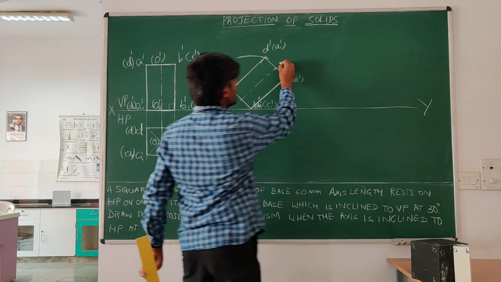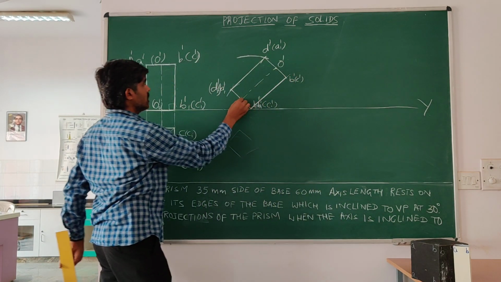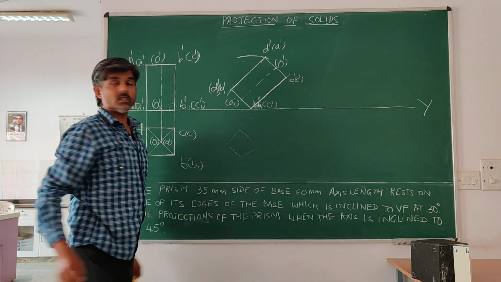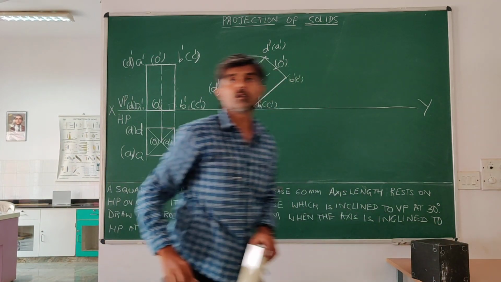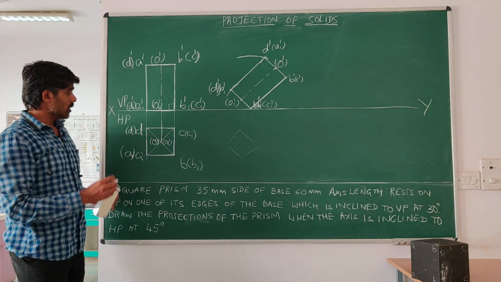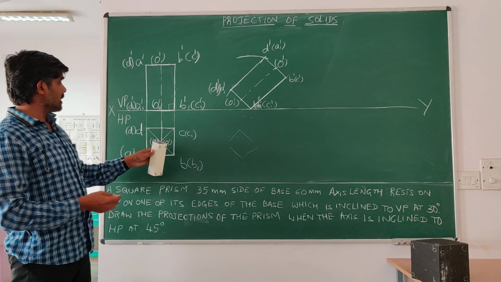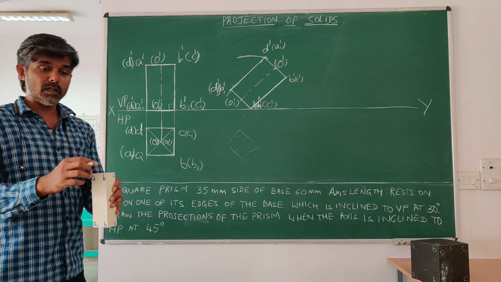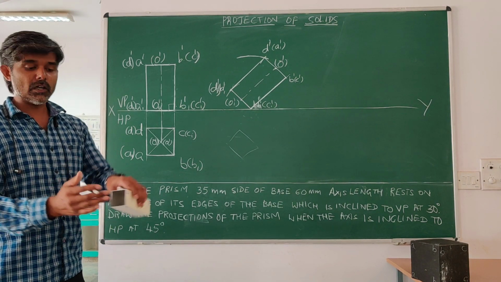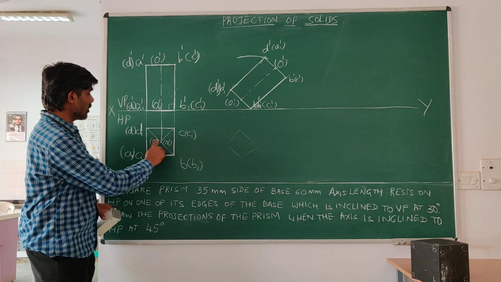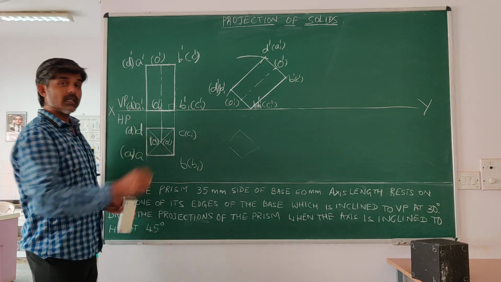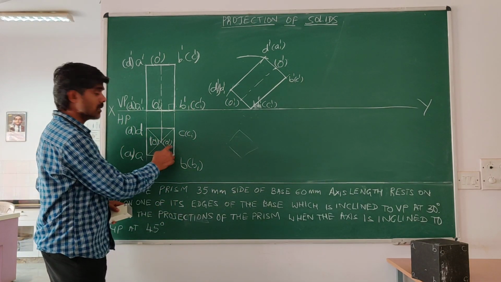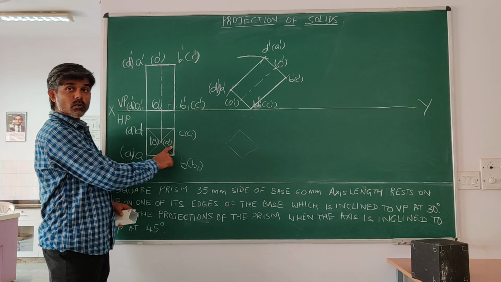This point is O dash, this point is O1 dash. I'll explain this. When we see from the top, we can see the point O, that is the center of the top face, so that will be out of bracket. Then the center of the bottom face is O1 dash, which will not be seen. That's why it is O1 dash.